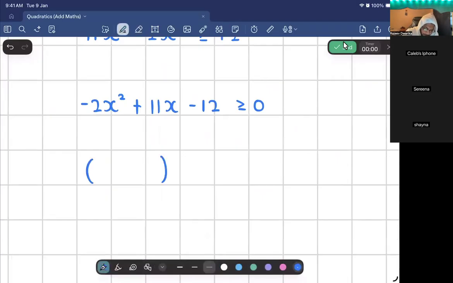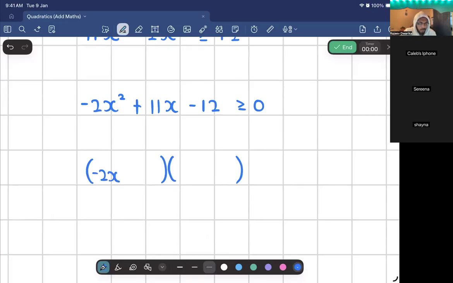What is the first term? Minus 2x squared, right? What two terms could I multiply to get back minus 2x squared? Minus 2x by 1.